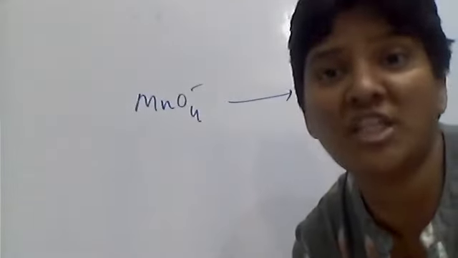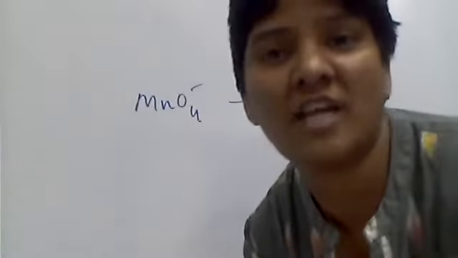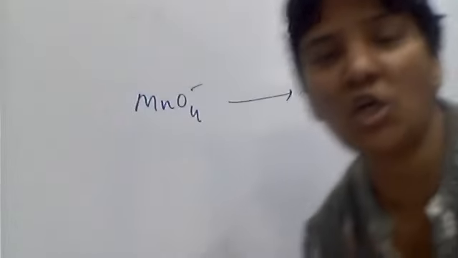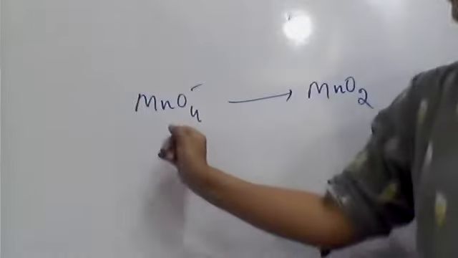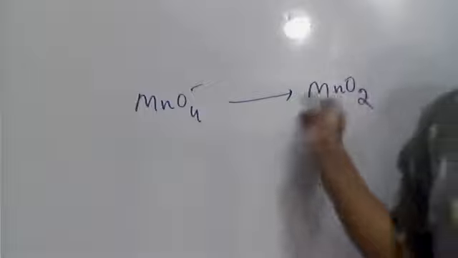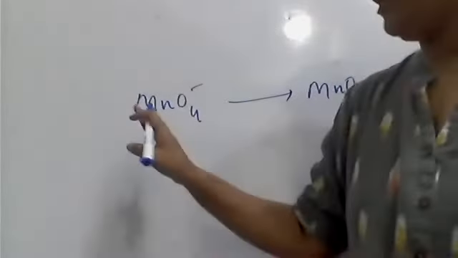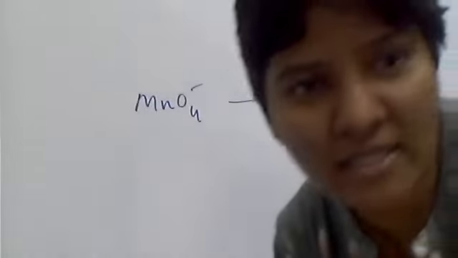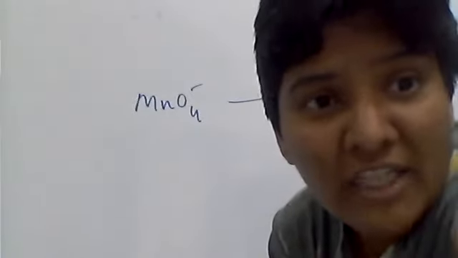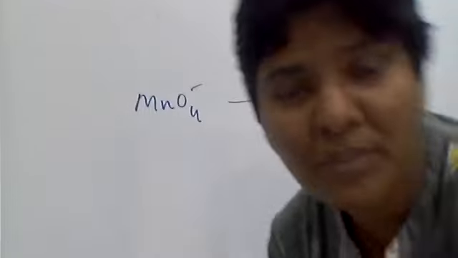So Bayer's reagent is used to identify unsaturation. In that reaction, the pink color changes to brown due to formation of MnO2, where KMnO4 acts as the oxidizing agent. Obviously, KMnO4 is the strongest oxidizing agent, always an oxidizing agent.